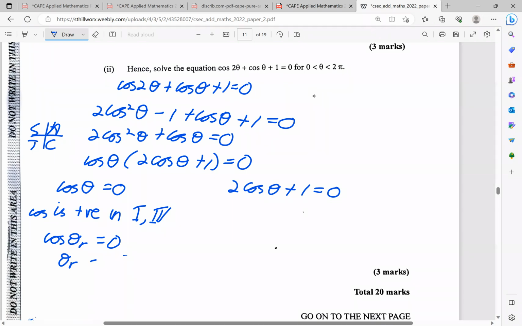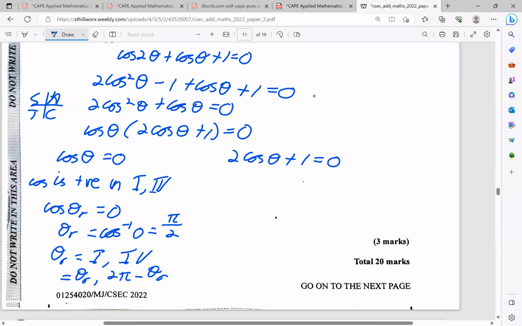Theta r is cos inverse of 0, which is pi over 2. So theta, being in the first and the fourth quadrant, would be theta r and 2 pi minus theta r. So we get pi over 2 and 3 pi over 2.